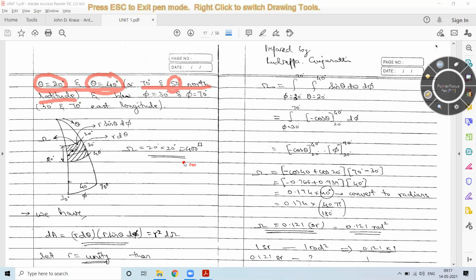When you consider the earth, what you are specifying is that you are moving north by 70 degrees and you are moving north by 50 degrees. So in terms of theta, these are the two angles. It will be like you start from this point and move up to this point.